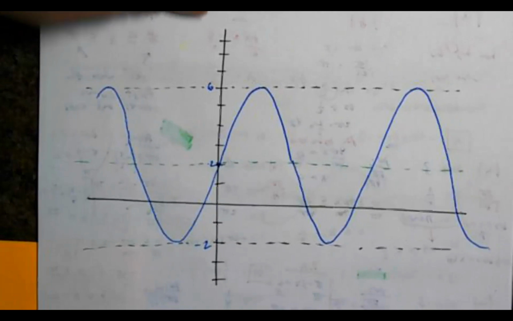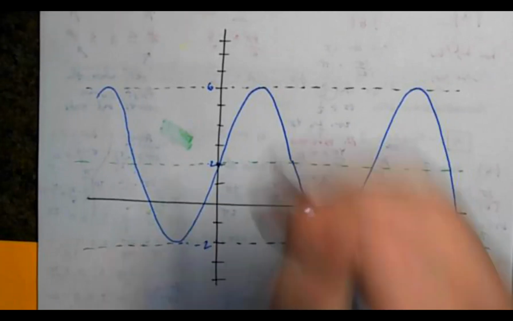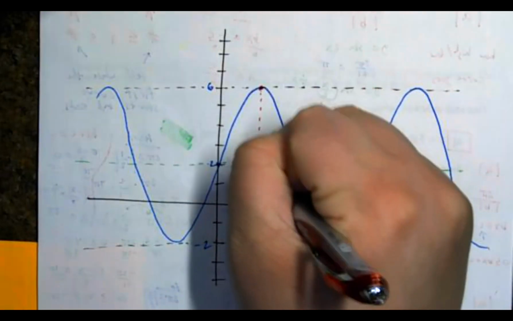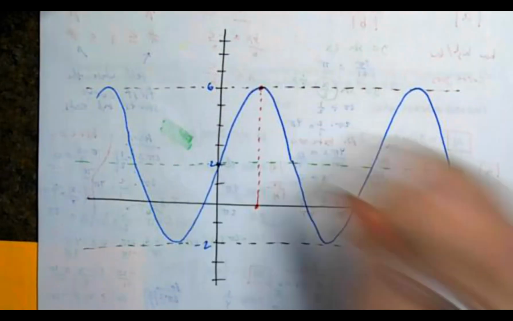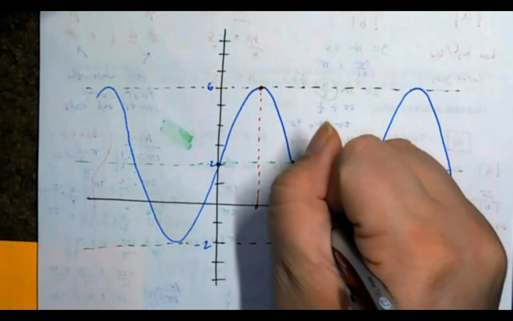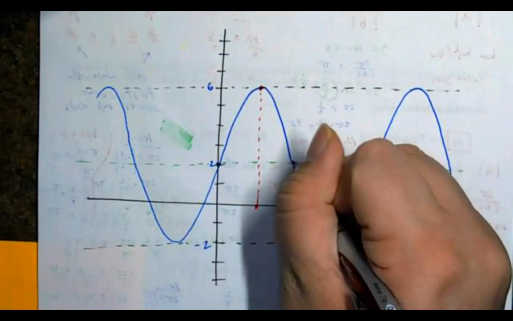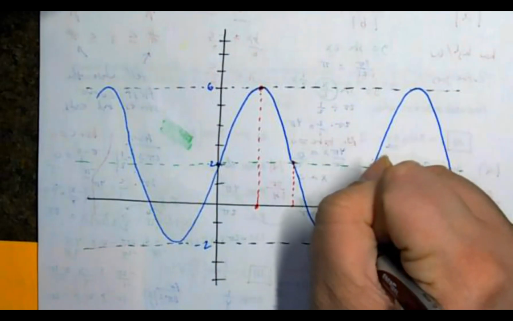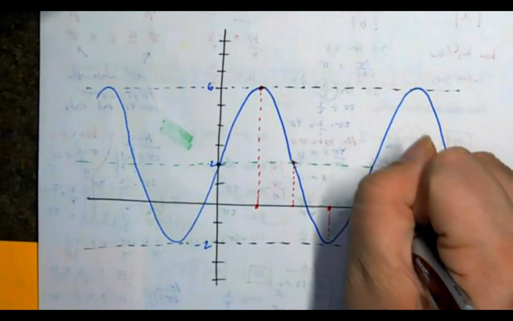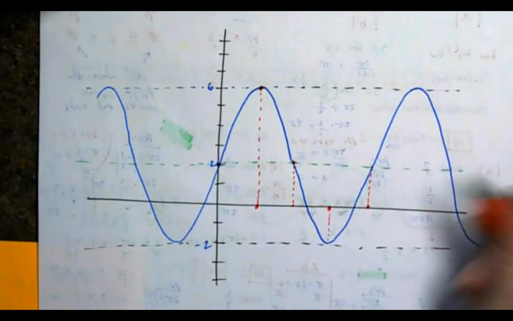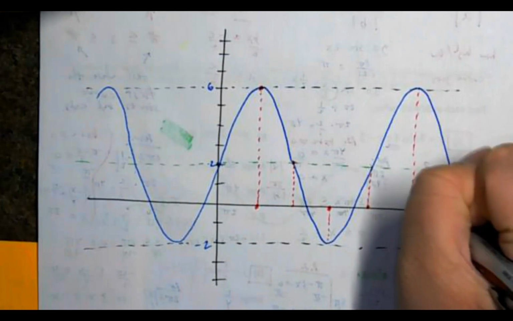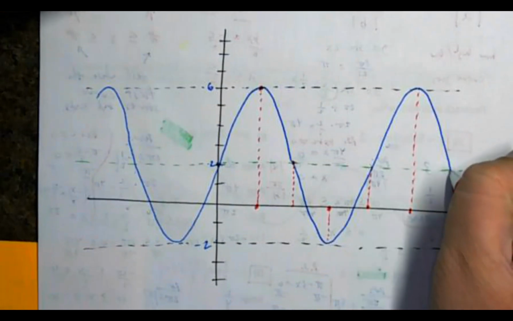And what you have to do here is, this is what we'll do next year. At your maximum, when we have vertical shifts, you need to associate that with a point on the x-axis. This interception with the midline gets associated to the x-axis, the minimum to the x-axis, the midline here to the x-axis, and so forth. So maximums, zeros, minimums.